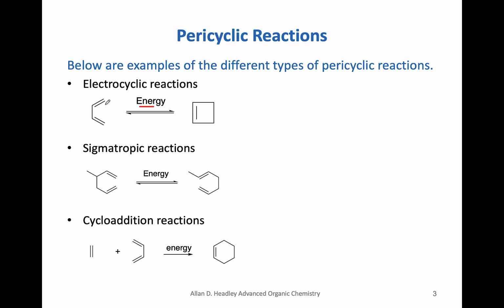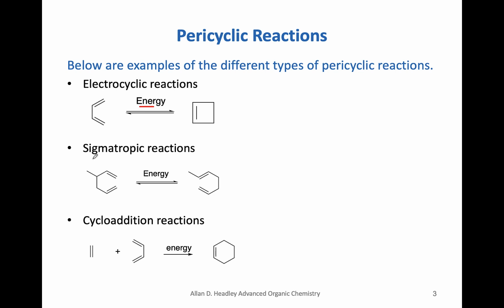So you can see here that this pi bond and this pi bond is now transformed into a new sigma bond over here, and we have another pi bond here. So that explains the transformations of pi bonds into sigma bonds.